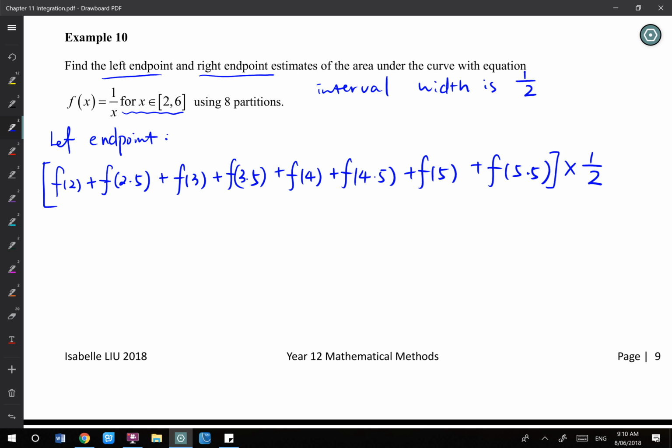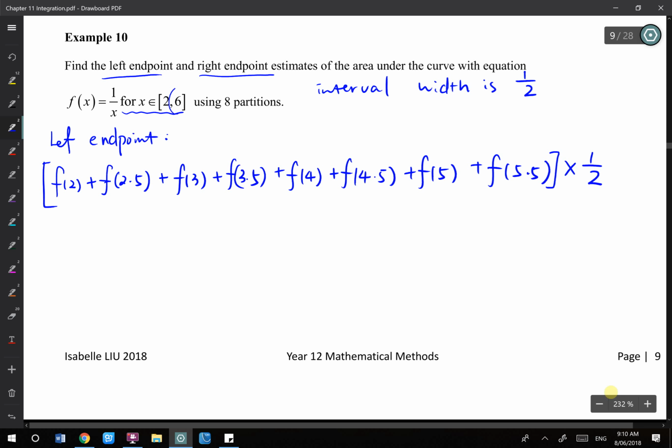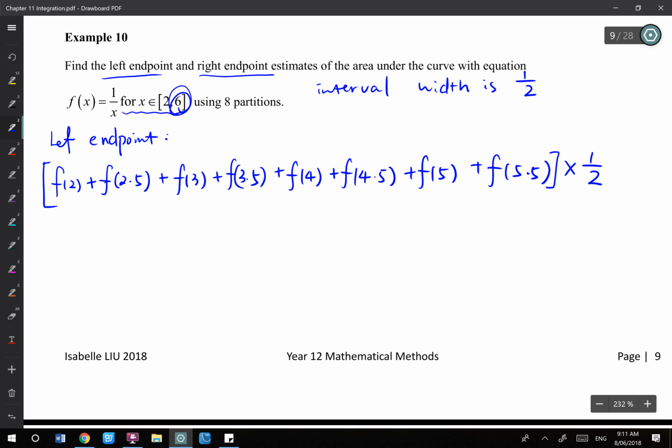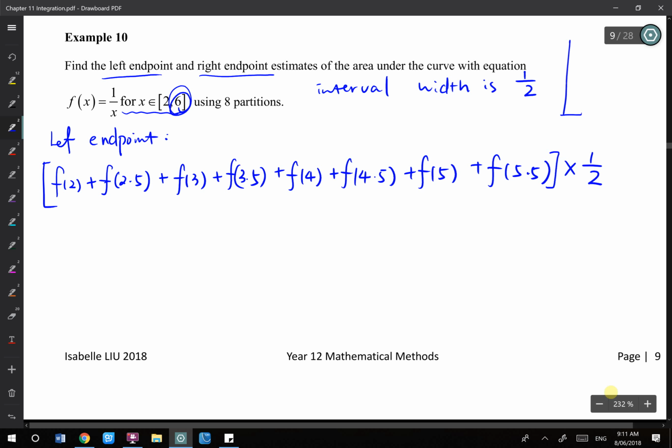Can you think about that? Without sketching the graph, you should be able to write this out. I'm not going to use the most right hand side point. I have 1, 2, 3, 4, 5, 6, 7, 8. That's 8 points. Start from the left, and each point increases by 0.5. Then the width is a half, because the rectangle you sketch is like this: this is f(2), but the width is a half.